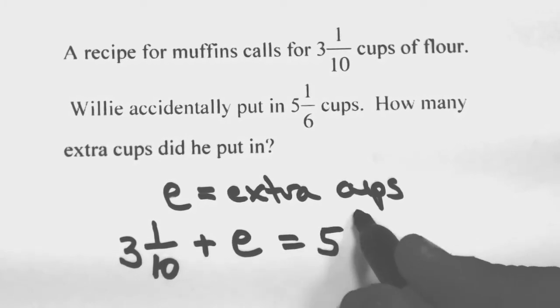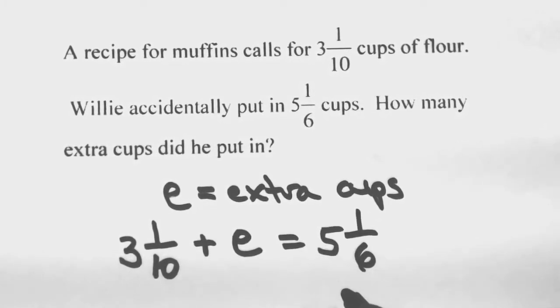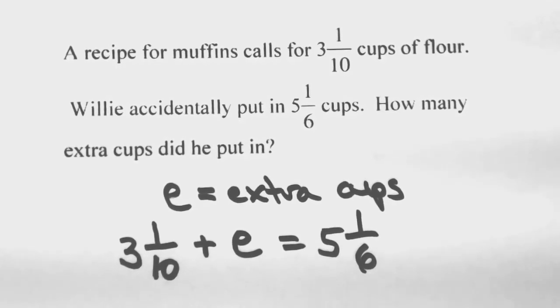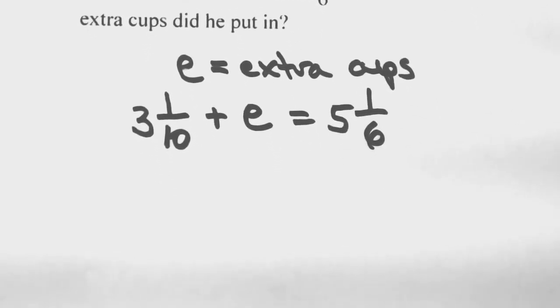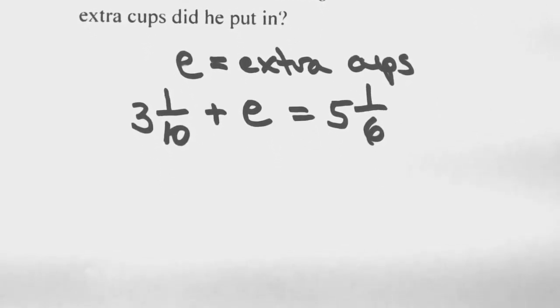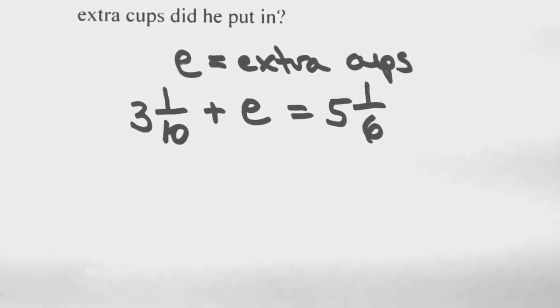namely 5 1/6. Now, you could solve this with the mixed numbers, but most commonly in word problems here in algebra, we're going to be converting these to improper fractions. So let me do that here. Remember, there are different ways that you can tackle these guys. So, a different approach, as long as you get the correct answer, is perfectly fine.